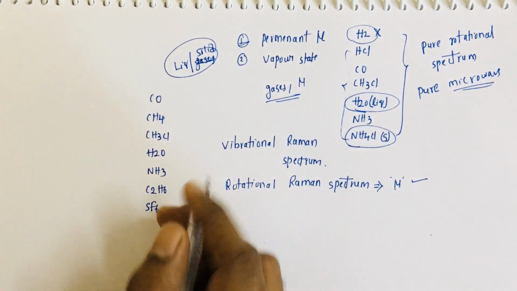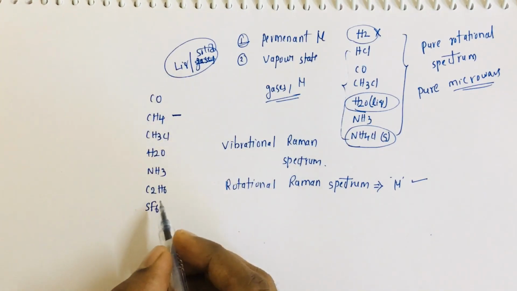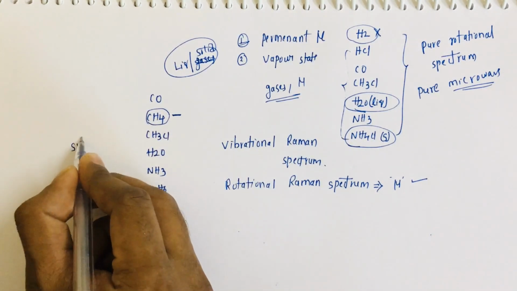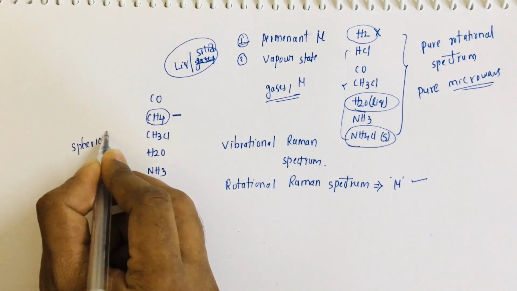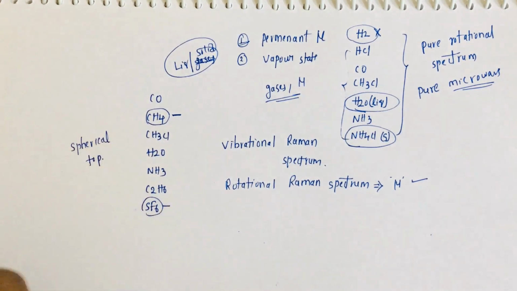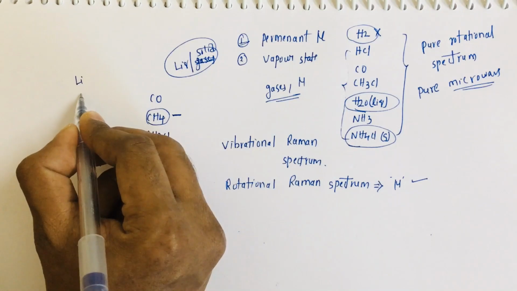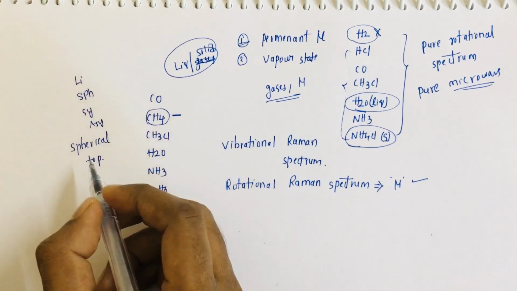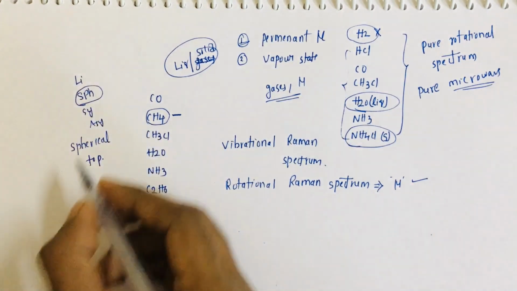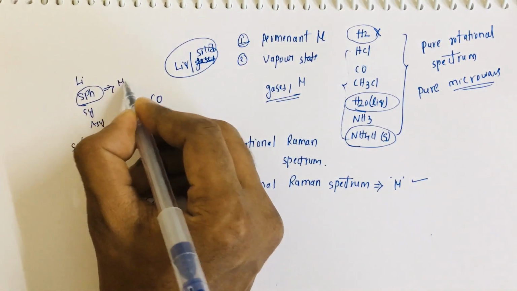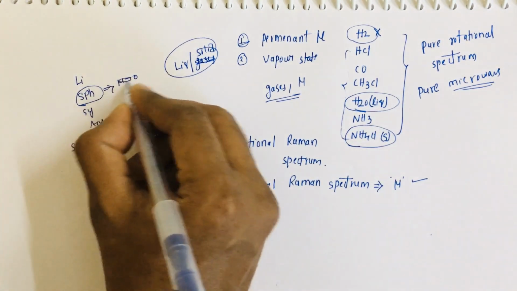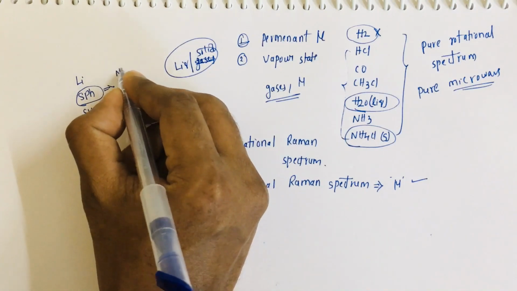So out of these compounds, methane and SF6 belong to the spherical tops. In microwave spectroscopy we have linear tops, spherical, symmetric and asymmetric tops. Out of these four tops, the spherical tops have zero dipole moment, meaning no permanent dipole moment.